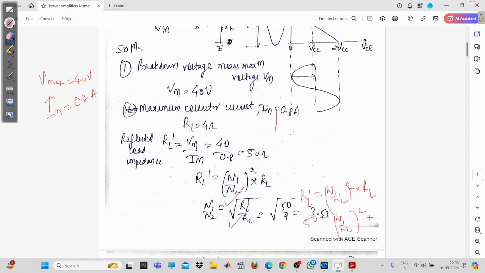I thought this is 0.4, but this is 4 ohm only. So N1 upon N2 will be equal to under root of 50 upon 4. This is 3.53, N1 upon N2.